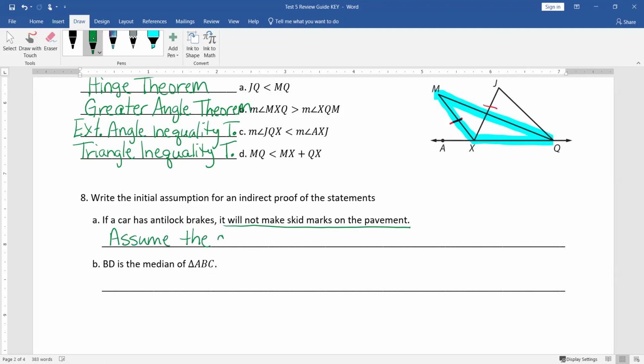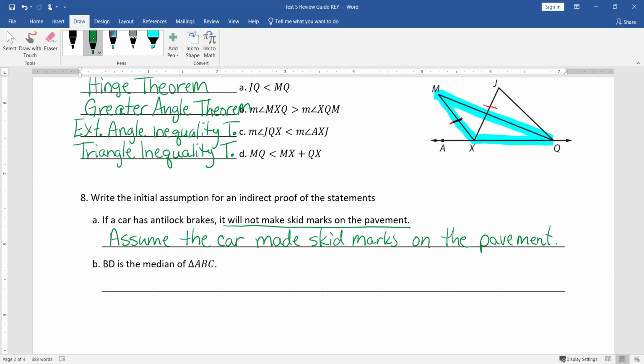So we would say that we need to assume the car made skid marks on the pavement. This is that very first step of every indirect proof.